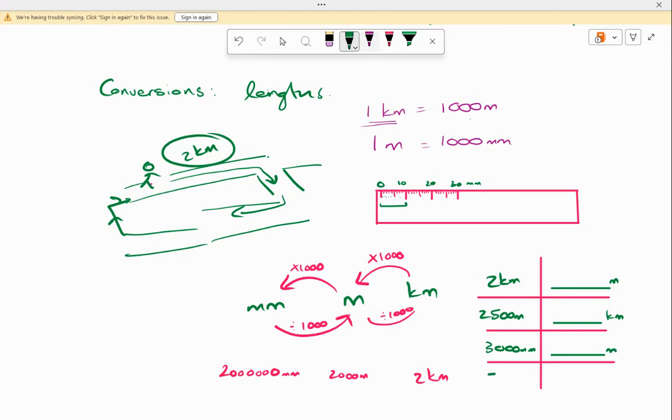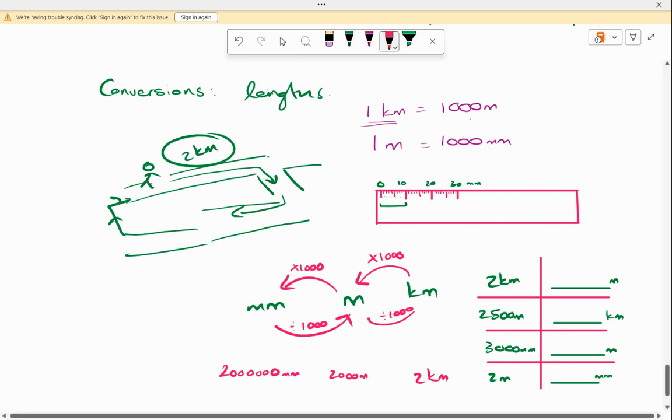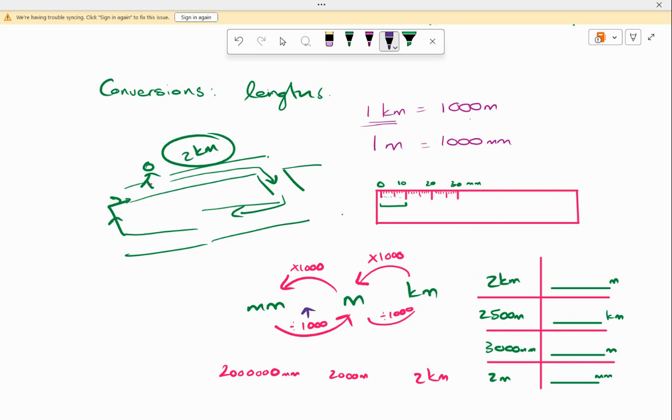And maybe 2 meters is equal to how many millimeters? And don't forget, we also have centimeters, which I can put somewhere in between. To go to centimeters, I divide by 100, and then divide again by 10.